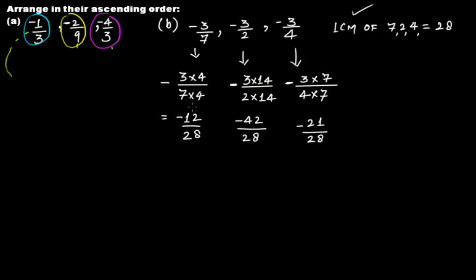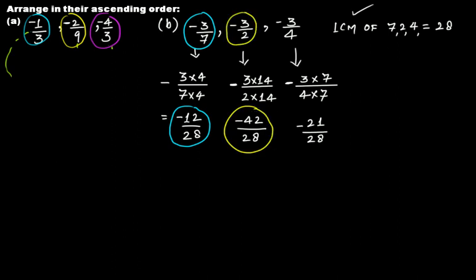So minus 12 over 28 is an equivalent rational number of minus 3 over 7. Minus 42 over 28 is an equivalent rational number of this one. And minus 21 over 28 is an equivalent rational number of this one. Denominators are now the same. Simply compare numerators: minus 12, minus 42 and minus 21.